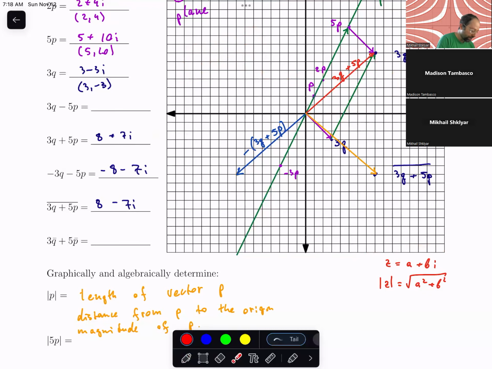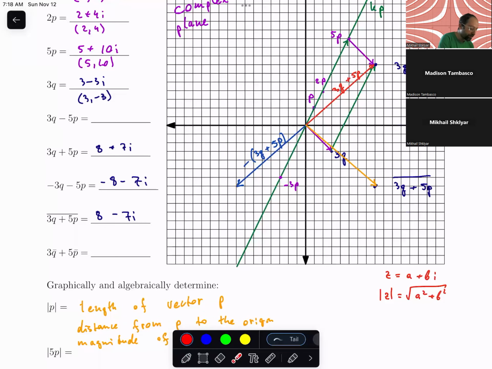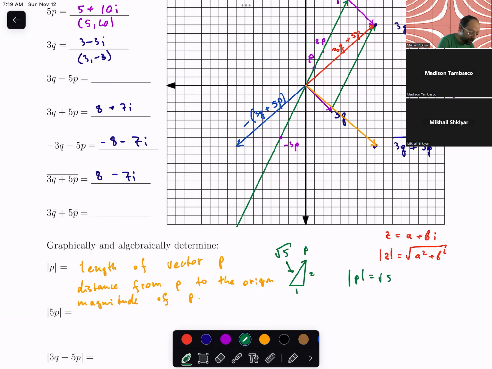Okay? And well, if we look at this, we want the magnitude of P, right? So it's going to be a right triangle. I'm just going to recopy it over here. This is P right here. This is length 1. This is length 2. So the hypotenuse becomes the square root of 5. So the magnitude of P is going to be the square root of 5.